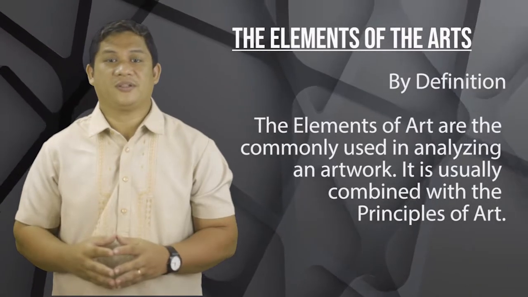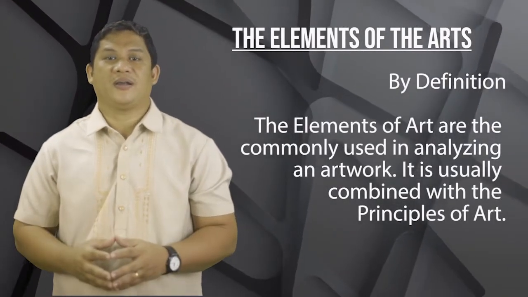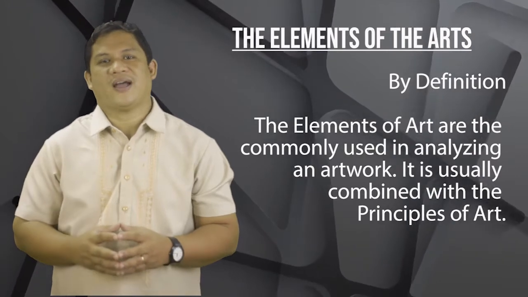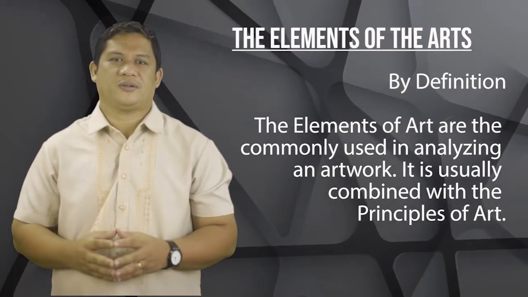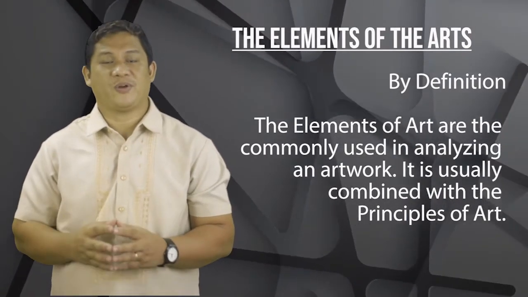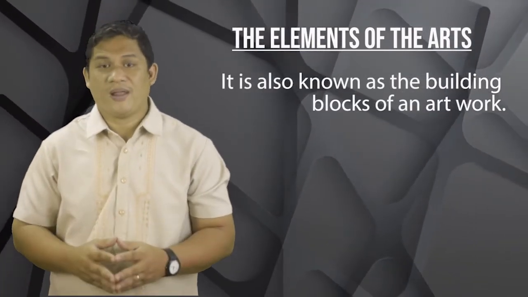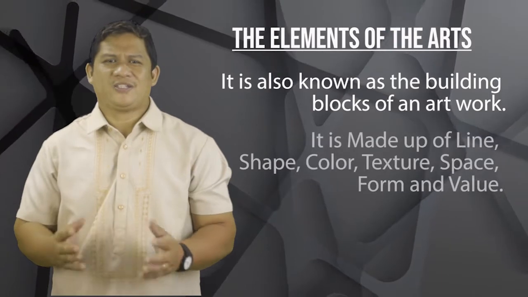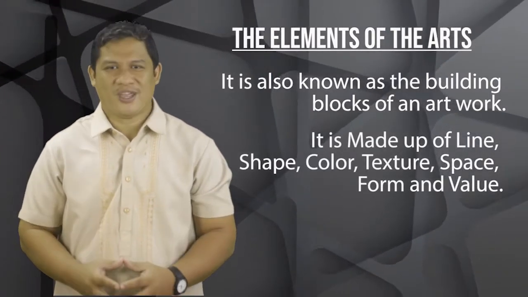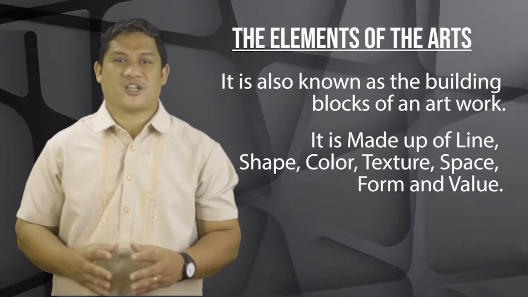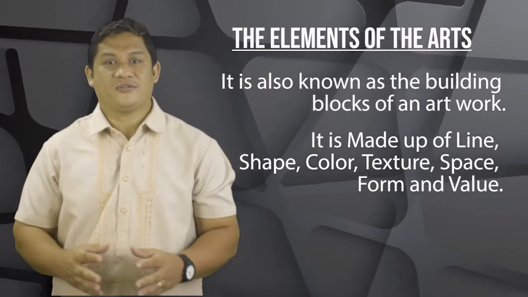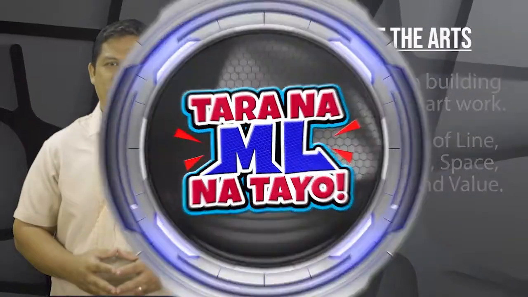By definition, the elements of art are the commonly used in analyzing an artwork. It is usually combined with the principles of art. It is also known as the building blocks of an artwork. It is made up of line, shape, color, texture, space, form, and value.